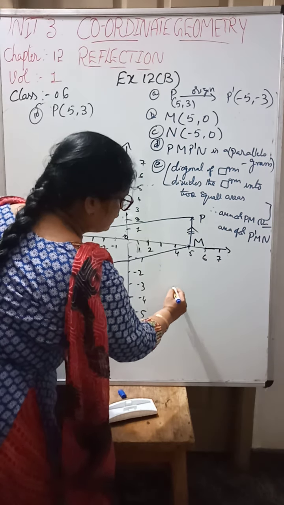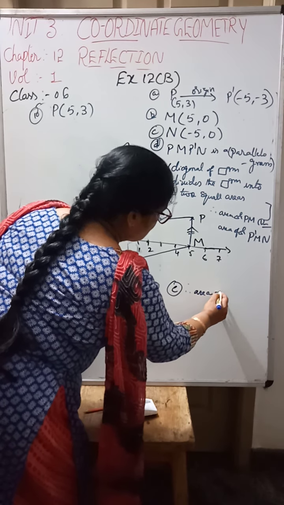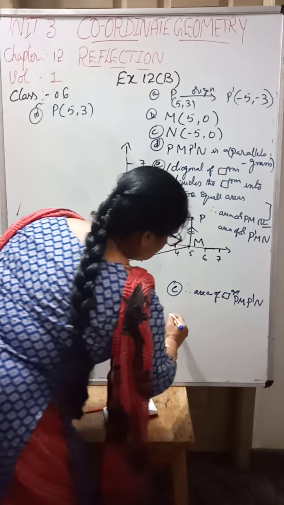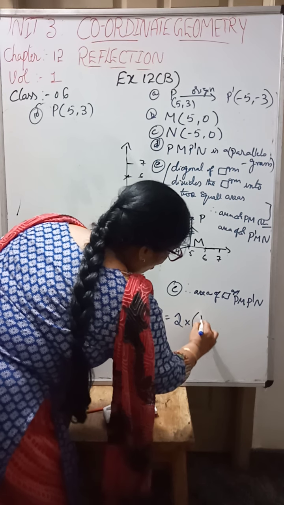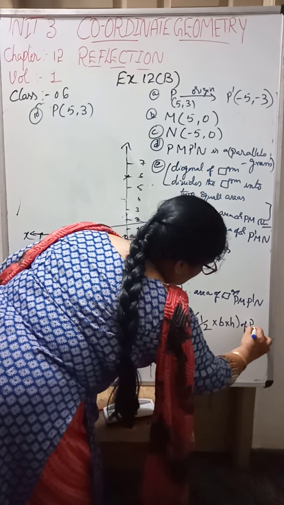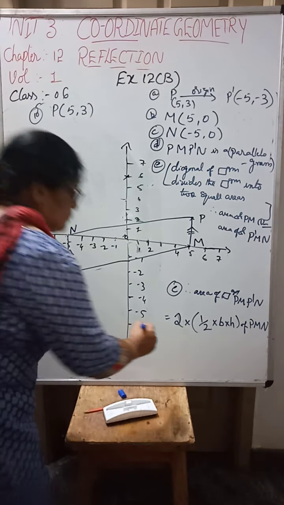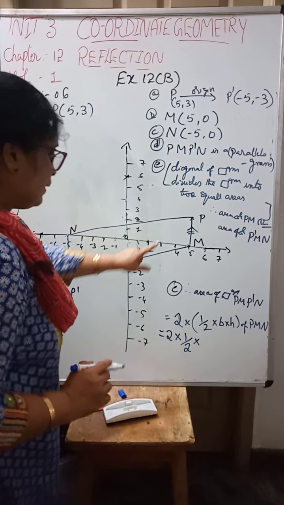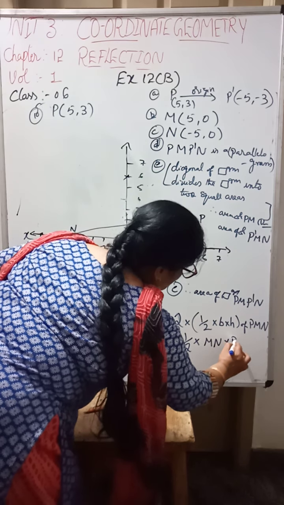Hence, therefore, area of parallelogram PMP dash N is equal to 2 into half into base into height of PMN. You can take any one. Now substitute. 2 into half into base. Base is from MN, and height you can take as PM.